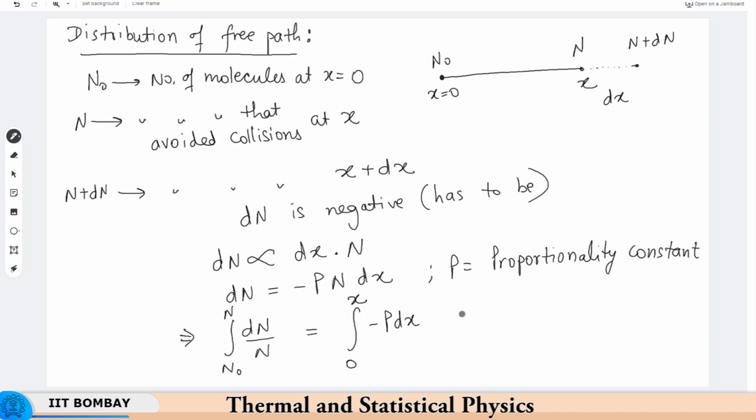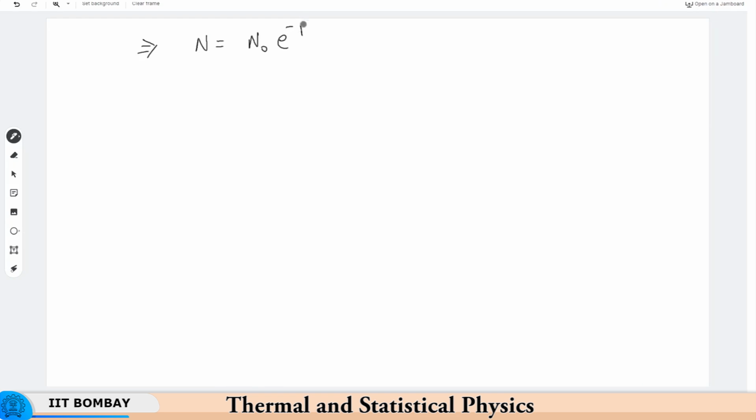If you solve this, we have log of n computed between n and n0, so this becomes log of n by n0, which is equal to minus px. Finally we get the relationship: n equals n0 e raised to the power minus px.